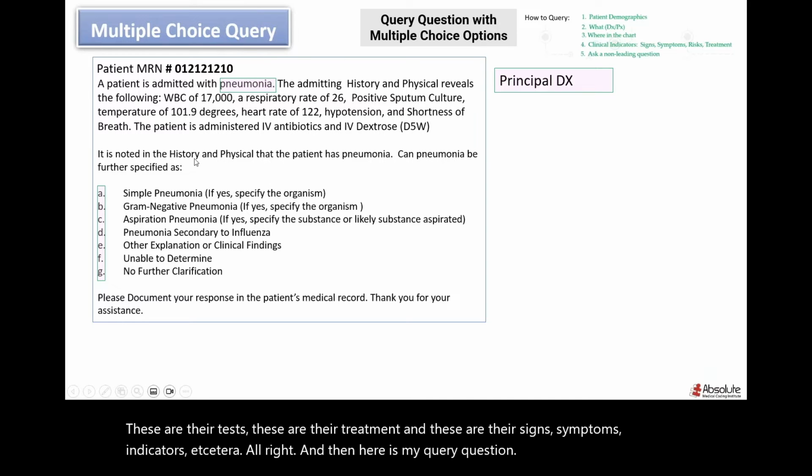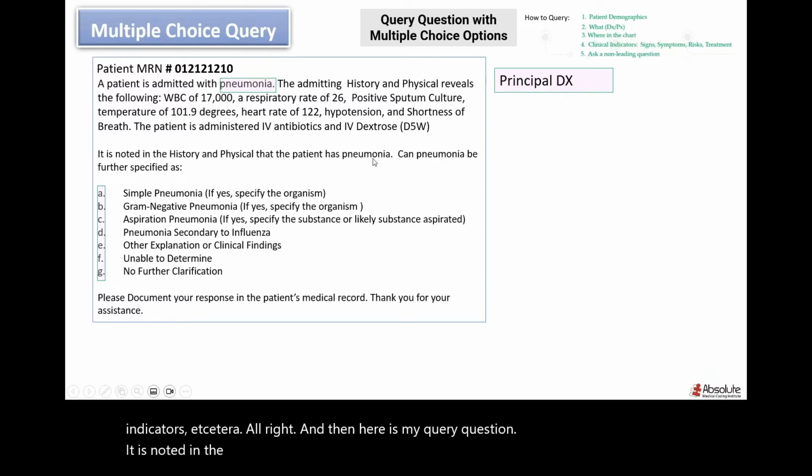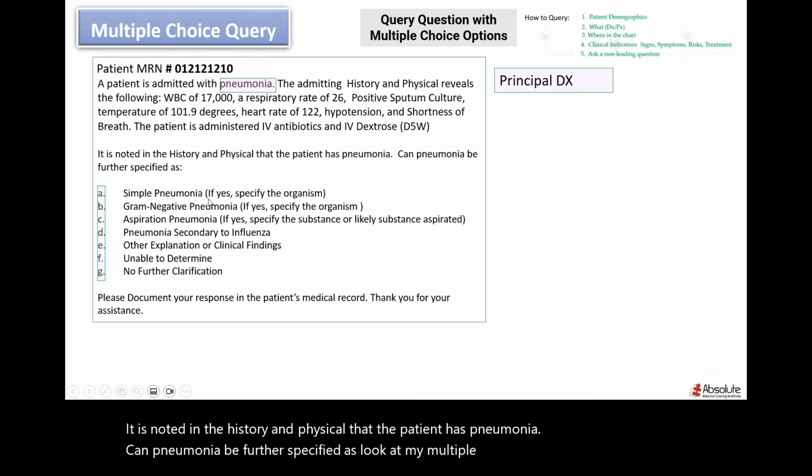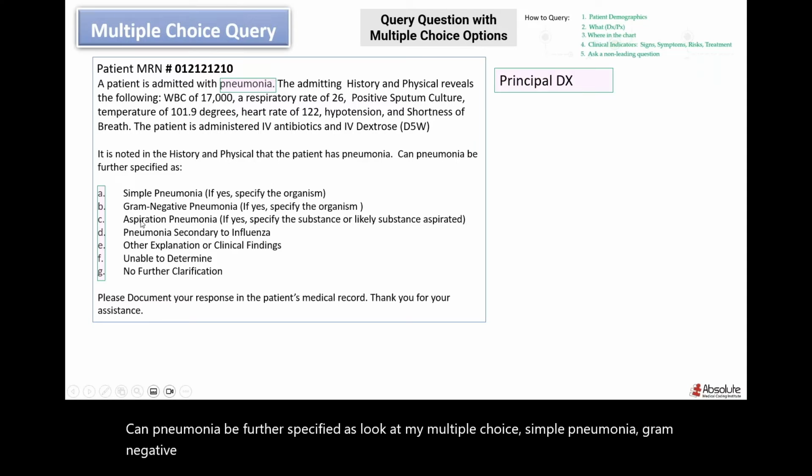It is noted in the history and physical that the patient has pneumonia. Can pneumonia be further specified as, look at my multiple choice: simple pneumonia, gram-negative pneumonia. And coders, don't get scared because these are templates.